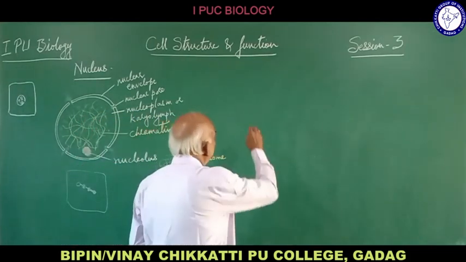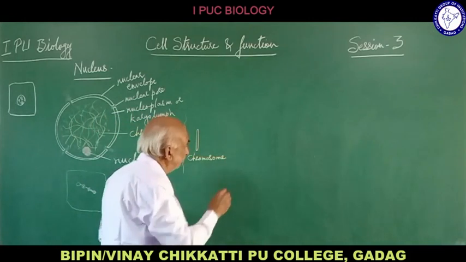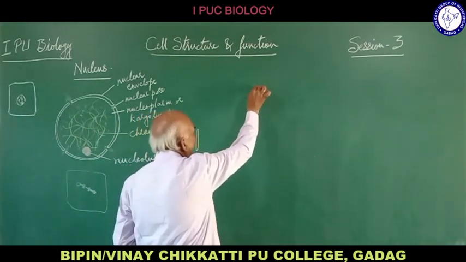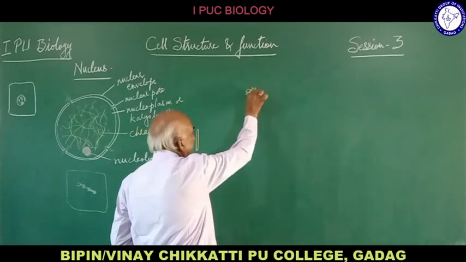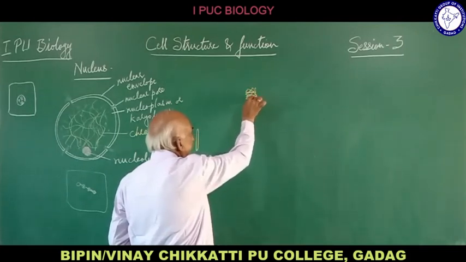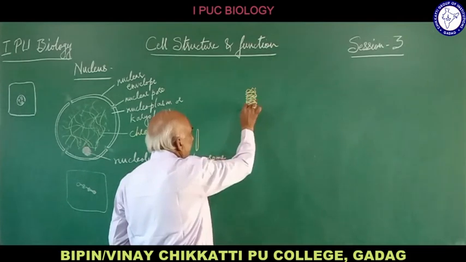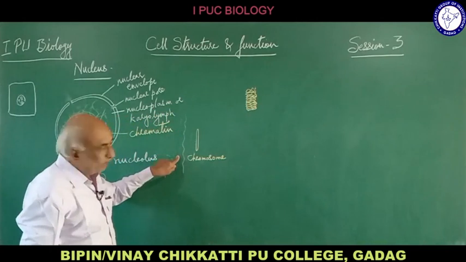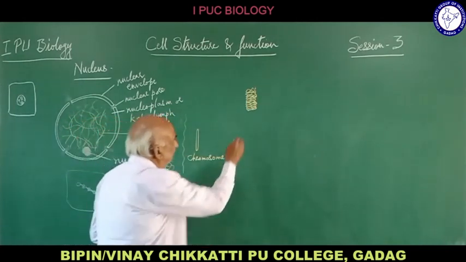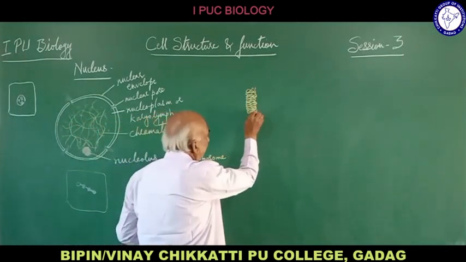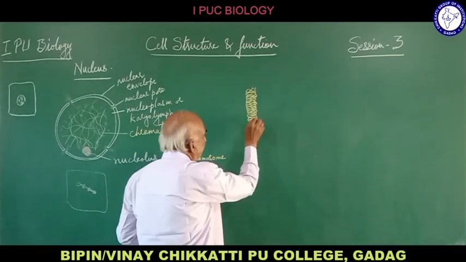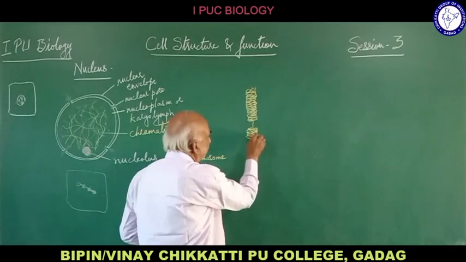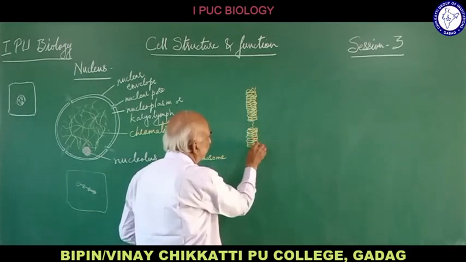Now, when we take the structure of the chromosome, the chromosome is made up of fiber like this. Chromatin fiber is coiled. So the chromatin which is stretched here, it condenses. During that, the coiling of the chromatin takes place. So this is the chromatin, how it is coiled. In some regions the coiling is not present.